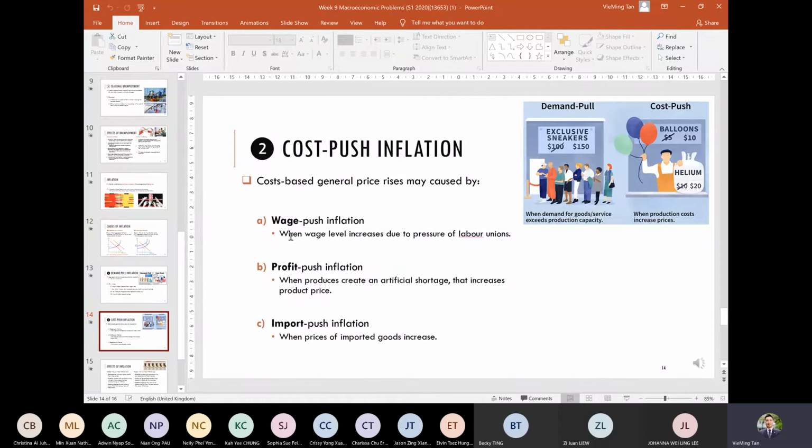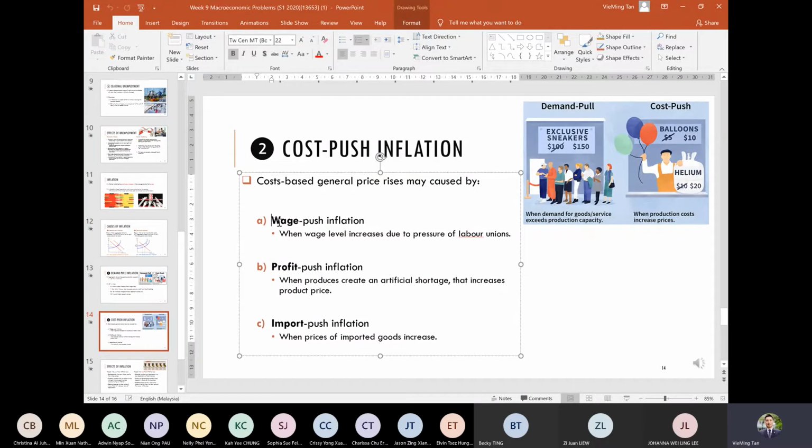It can be because of the salary of the labor increasing. If the salary of the labor increases, the production cost will increase. Once production cost increases, the aggregate supply will reduce, because it's more expensive now to produce the product. So AS will shift to the left and increase the price of goods and services in general.